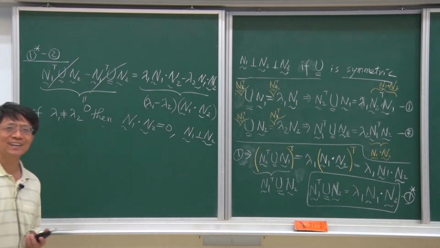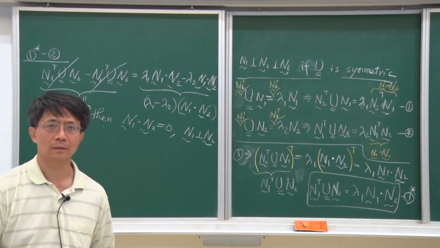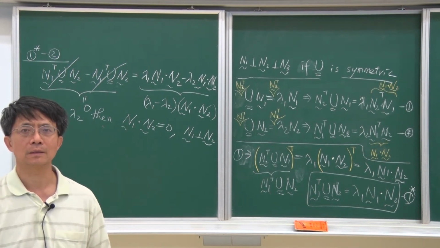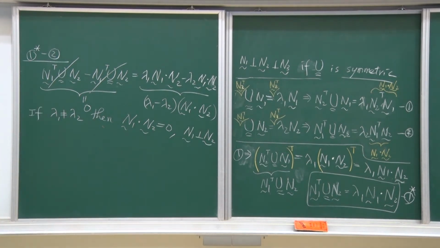Okay, because the inner product of two vectors equals 0 means that these two vectors are perpendicular to each other. Okay, they are orthogonal to each other. Okay, then this completes our proof.